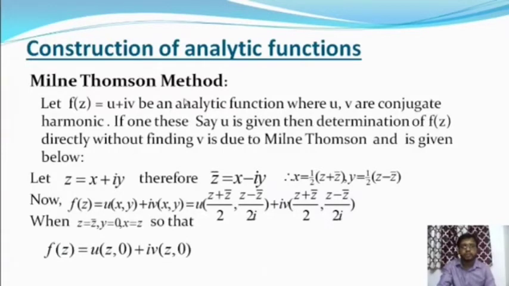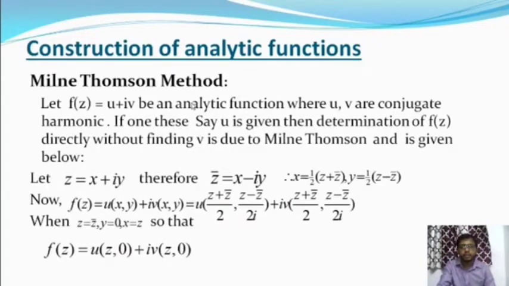That is, if u is a harmonic function or v is a harmonic function separately, then from this we cannot say that f of z is necessarily analytic. But by the Milne-Thomson method, we have seen that f of z is an analytic function and u and v are the conjugate harmonic functions.